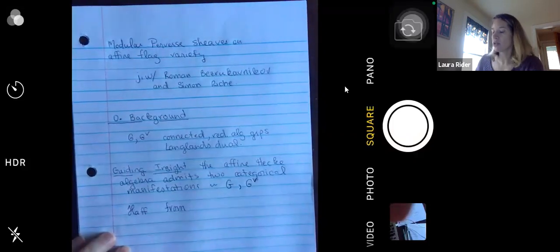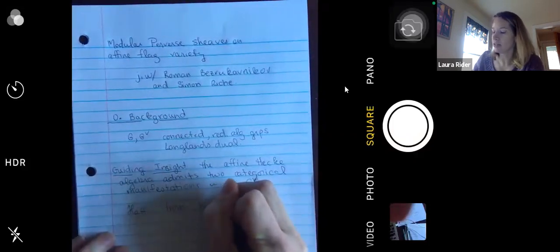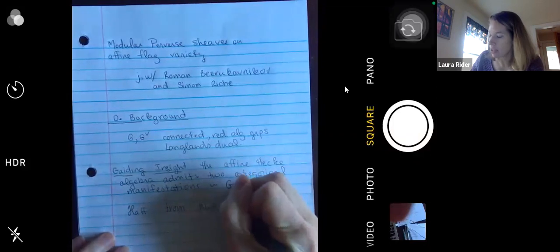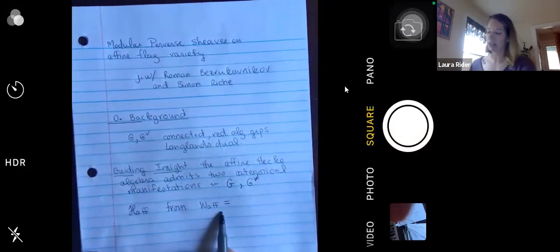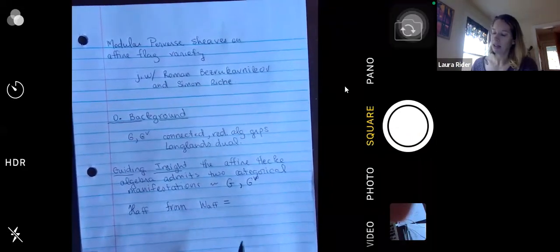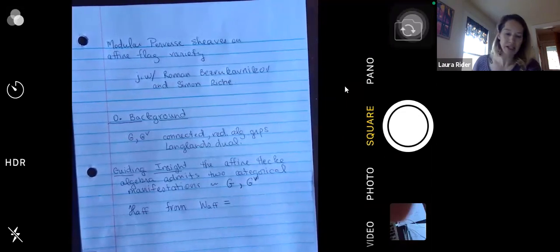I want this to be associated to the affine Weil group. Typically, this is called the extended affine Weil group because it's not always a Coxeter group in the precise meaning of Coxeter group.